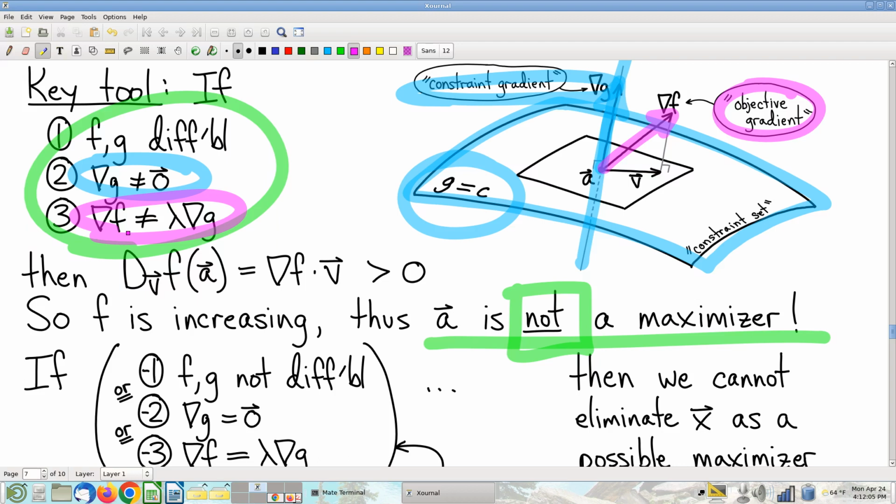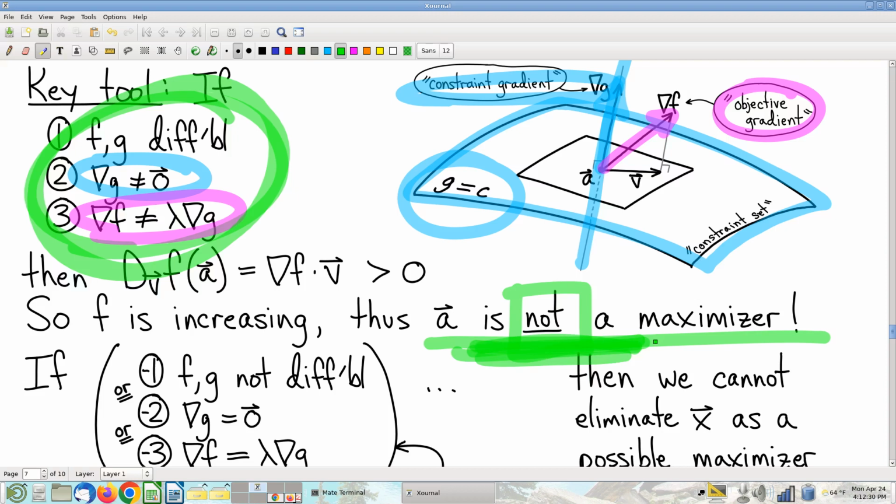If within the surface I follow that gradient, that angle is an acute angle. The dot product's positive. Function's increasing. So if these three conditions happen, it couldn't possibly be a maximizer. The function's still getting bigger.